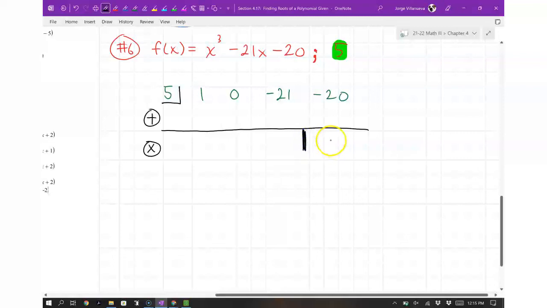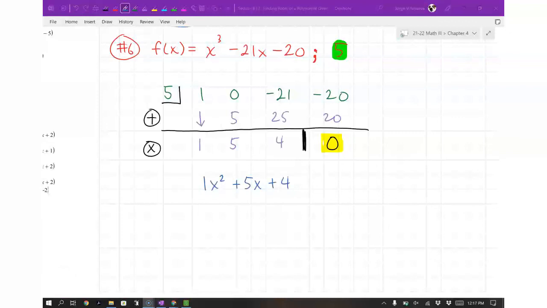And right here, there better be a what at the end? A 0. If it's not a 0, something's off. Okay? So, do me a favor. I'm going to want you to do the synthetic division. I'm going to give you about a minute and a half, and then I'm going to pop up the answer that you should be getting, okay? So I'm going to give you about a minute and a half.